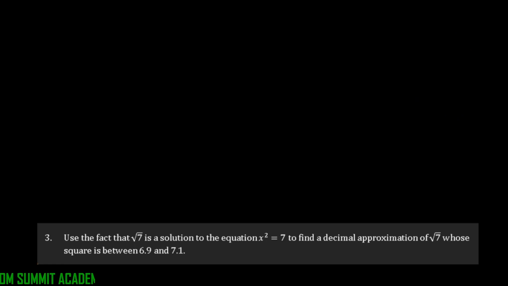For number 3, it says use the fact that the square root of 7 is a solution to the equation x squared equals 7 to find a decimal approximation of the square root of 7. And we're going to say it's going to be in between 6.9 and 7.1. Similar to what we did on the exit ticket, what do I know?